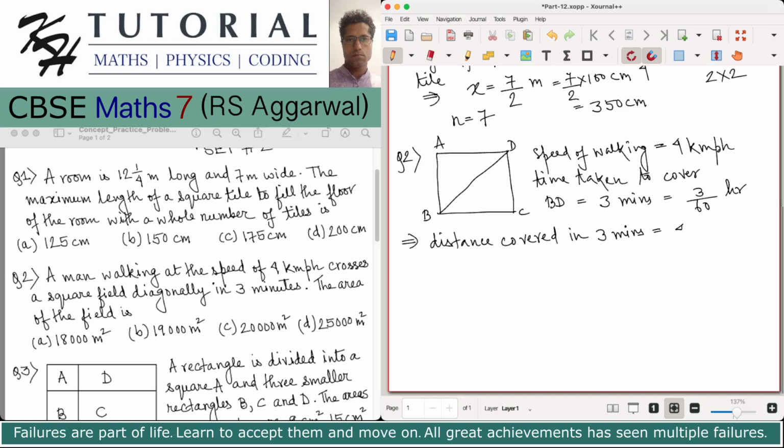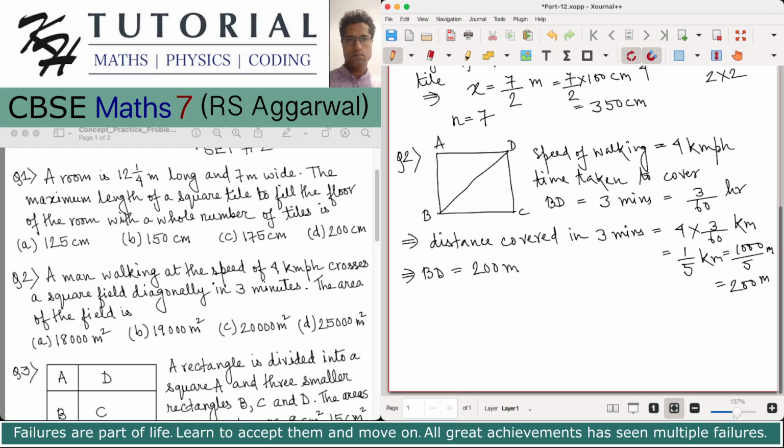So it will be 4 multiplied by 3 by 60 kilometer, which is equal to 1 by 5 kilometer, which is equal to 1000 by 5 meter, which is equal to 200 meter. So the distance covered in 3 minutes is BD, that is the diagonal. So BD is equal to 200 meter.